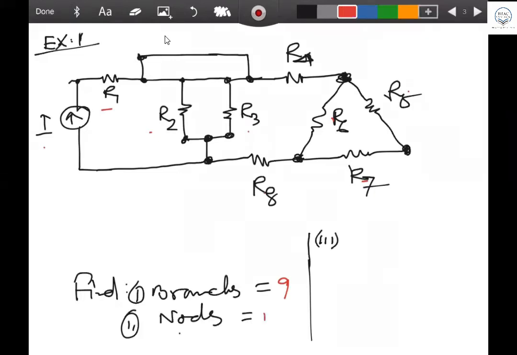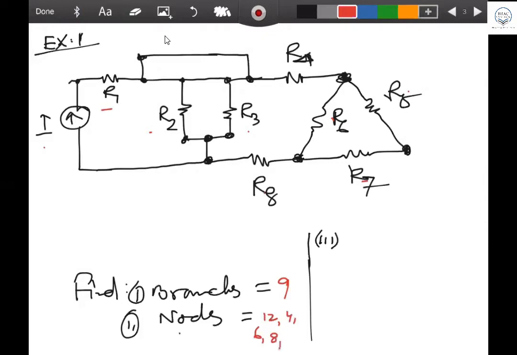Any other answer? 6, 4, 12. We received 4 answers. Any other answer? Sir, 8.